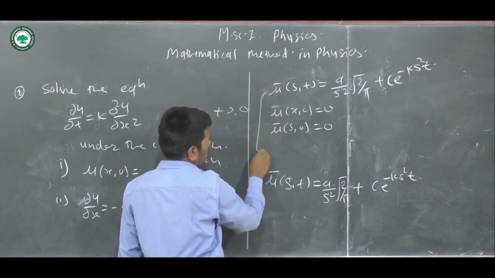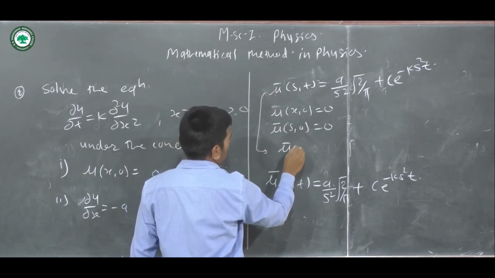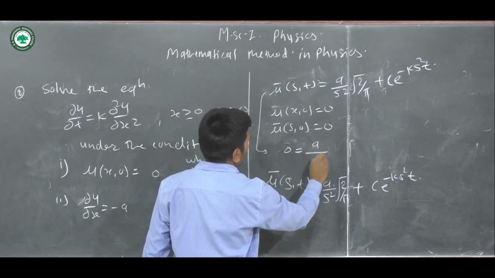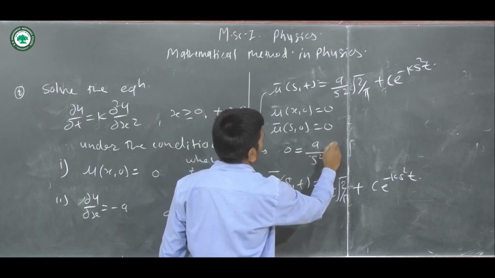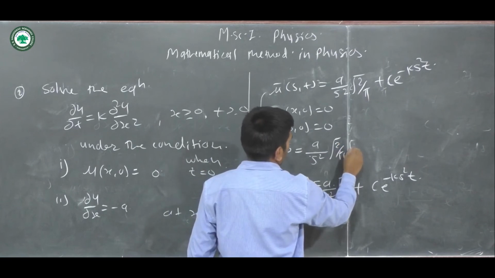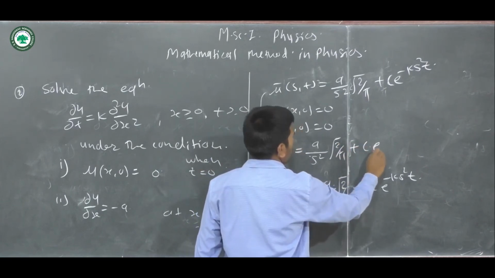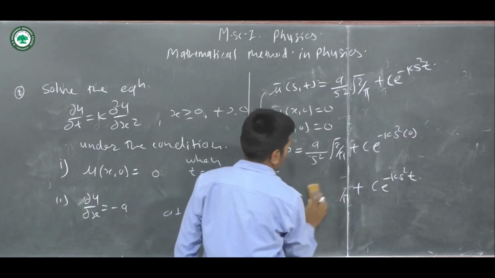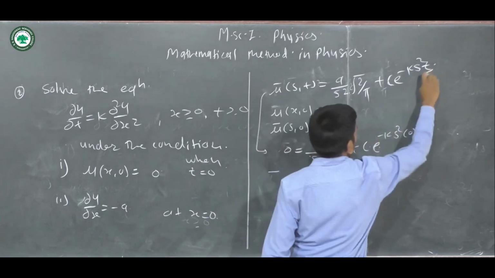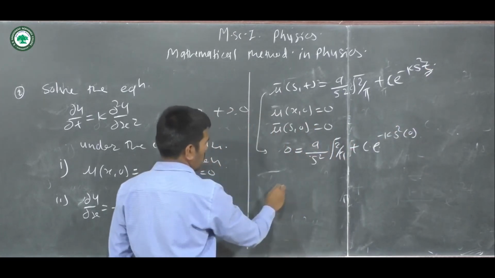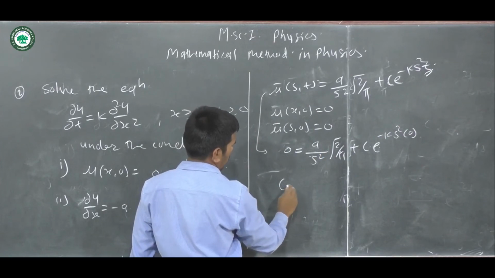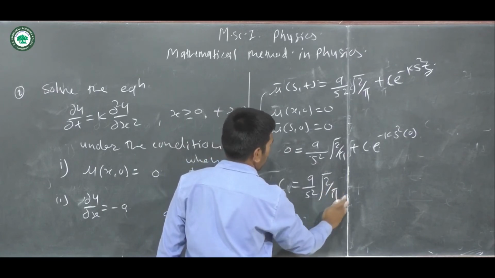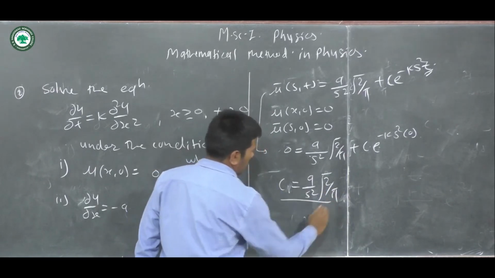So from this we can write 0 is equal to a by s square under root 2 over pi plus c into e raised to minus k square into 0, because t is equal to 0. So from this we can write c is equal to a by s square under root 2 over pi. Okay, so we have the expression for c.